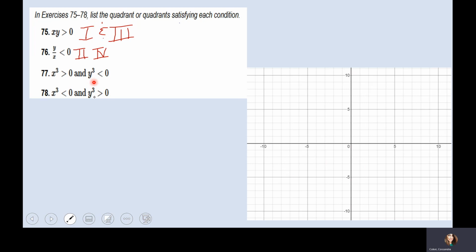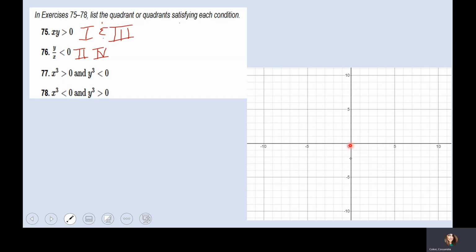It says I take y cubed and it's less than 0, meaning that I take a y value, raise it to the 3rd power, and it comes out negative. Well, of course, the only case is here. So I've already said I'm not using this part of the x-axis because it would not satisfy this part.